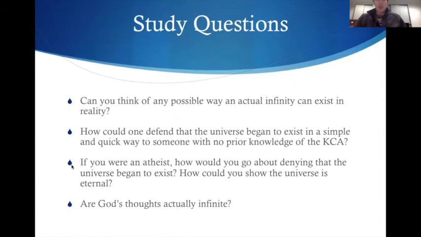Now, these are some study questions that I mentioned last time, and you can think about them for yourselves. First one is, can you think of any possible way an actual infinity can exist in reality? The only way I can think of to defend this, although think about it for yourselves, is to say that the nature of infinity would be different than a finite set of things.